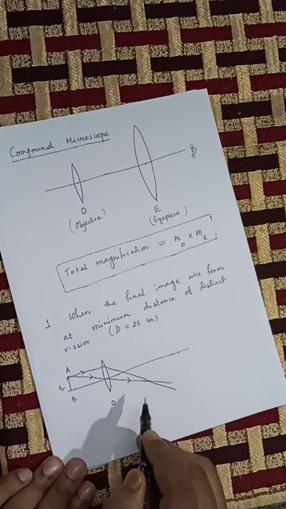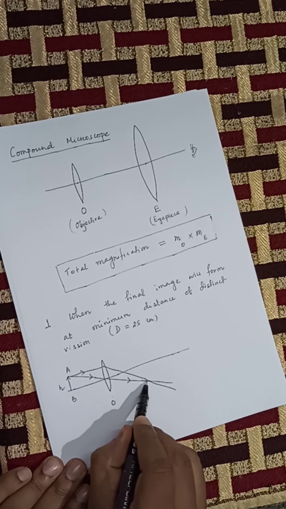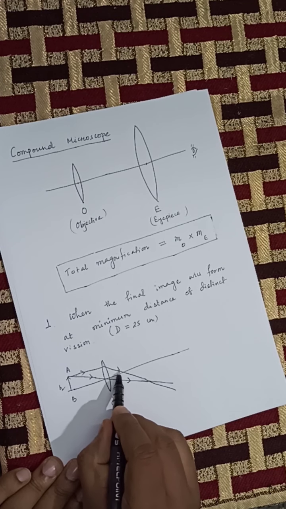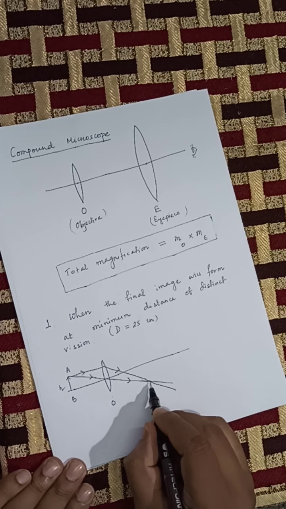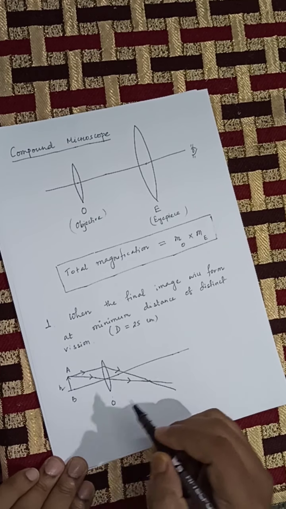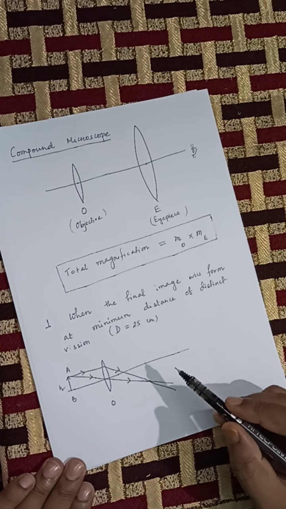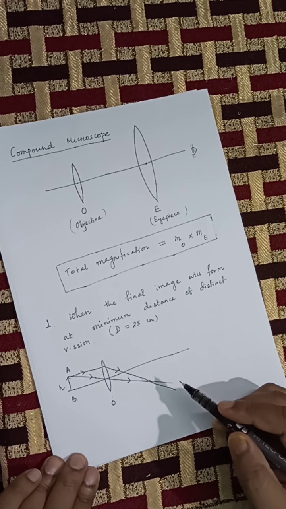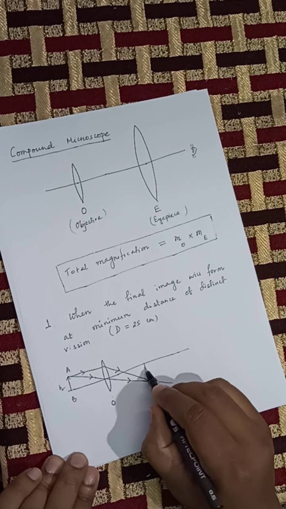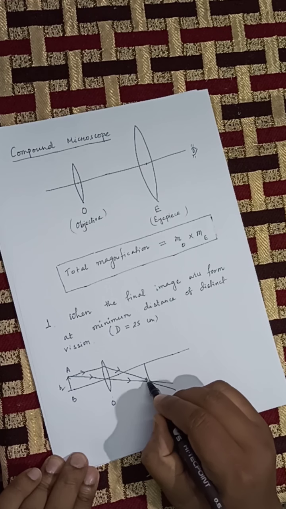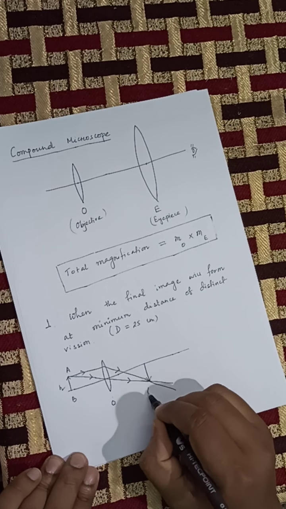Okay. Now both refracted rays will intersect at a single point, isn't it? After refraction from the objective lens. Okay. So here the first image will form due to the objective lens.